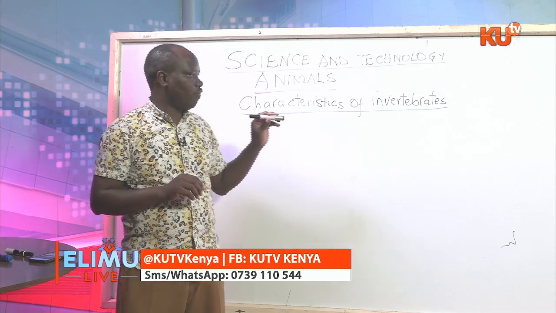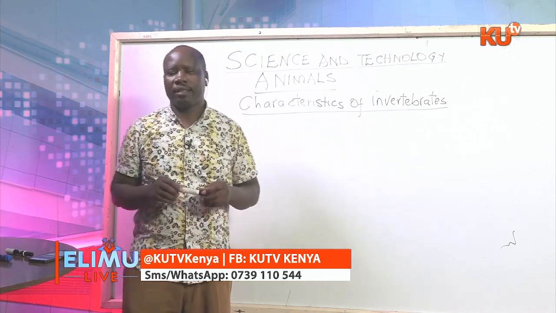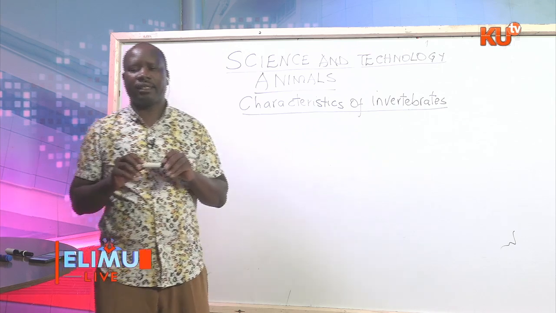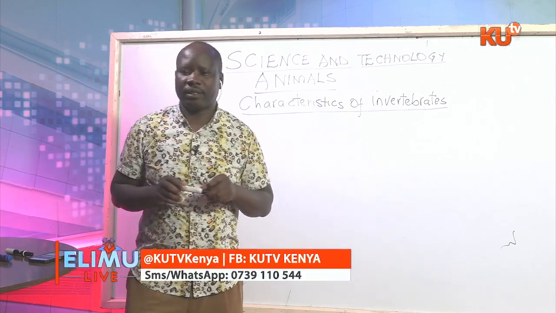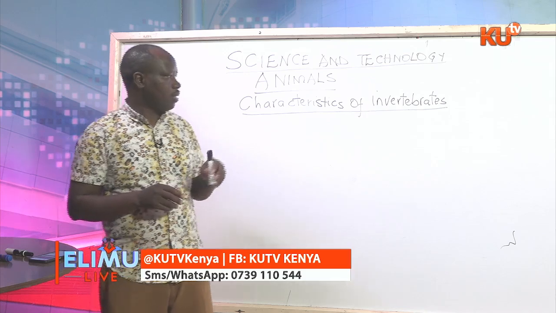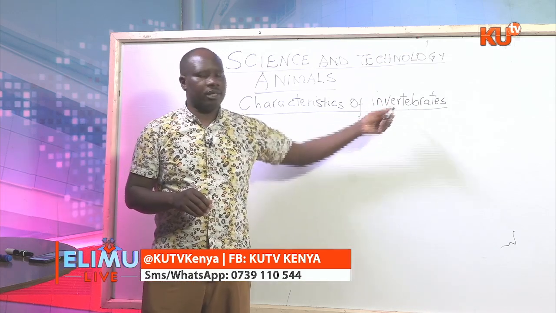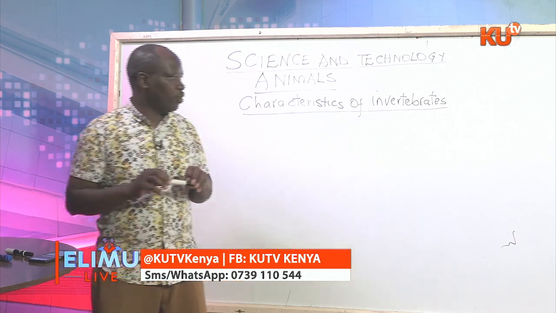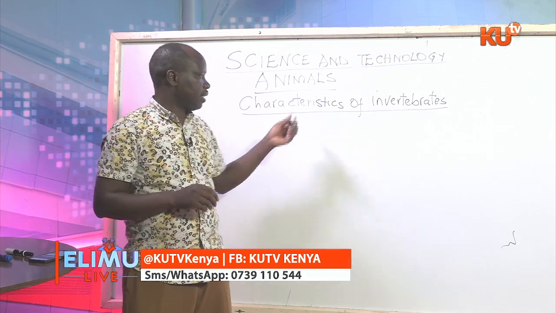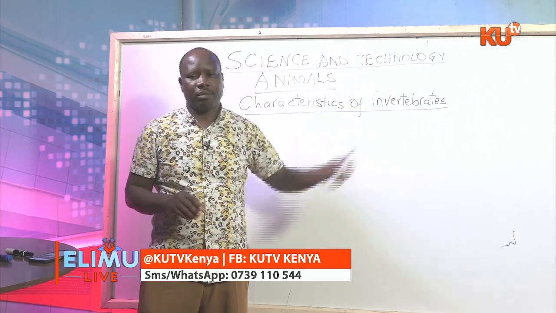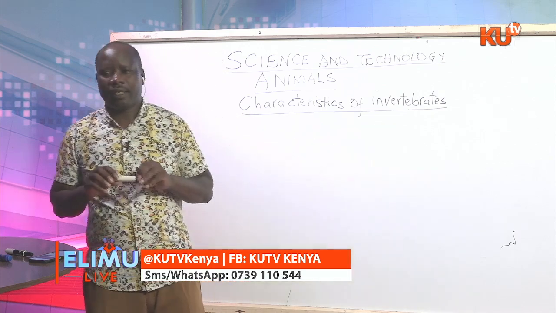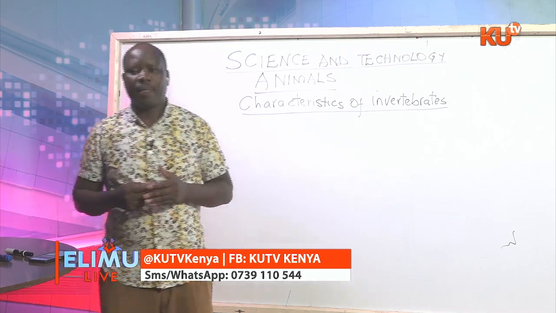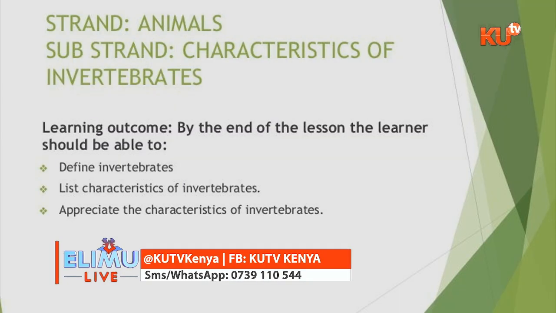We should be able to define what invertebrates are. And number 2, list the characteristics of invertebrates. So, number 1, we shall define invertebrates. Then thereafter, we should be able to list the characteristics of these invertebrates as at the level of our grade 6. Feel welcome. Let's move together and make sure you get the point.